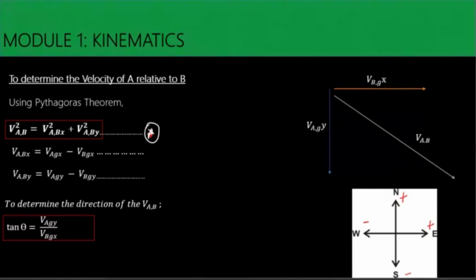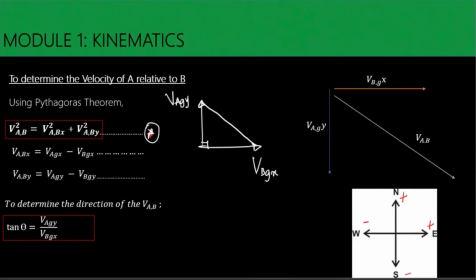So if I want to arrange these velocities, I'm going to arrange them in a way that they will look like this. I have velocity of A relative to the ground on the y-axis, and then I have velocity of B relative to the ground on the x-axis. And then I'm going to have the hypotenuse here, which is the resultant velocity. So the resultant velocity is the velocity of A relative to B.